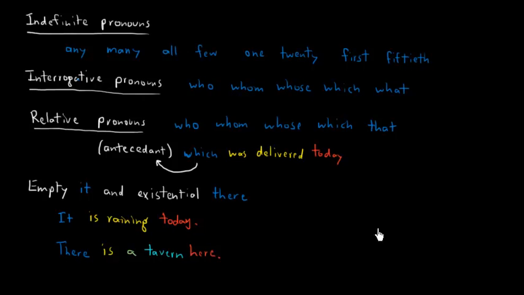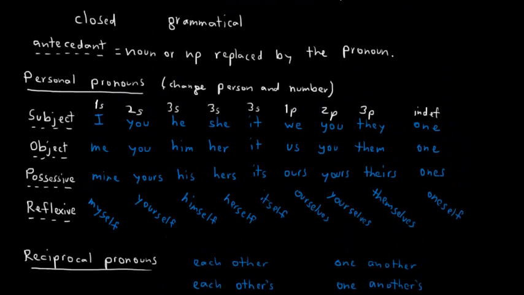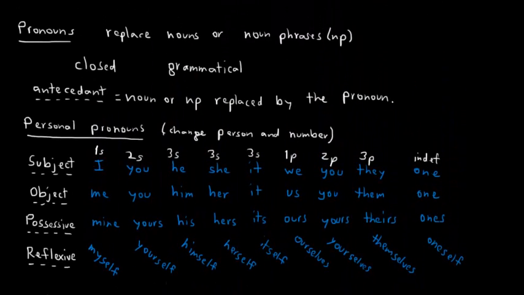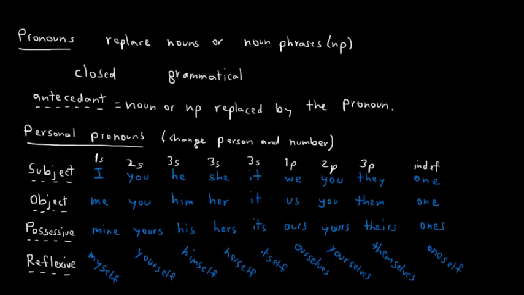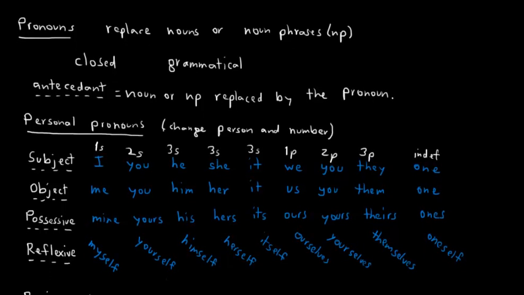Okay, and so let's go back and do a quick review. So we talked about pronouns replacing nouns or noun phrases. They're closed. They're grammatical. The antecedent is the noun or noun phrase replaced by the pronoun. And almost all pronouns have an antecedent, and we need to keep track of it. This is one of those 99% rules.